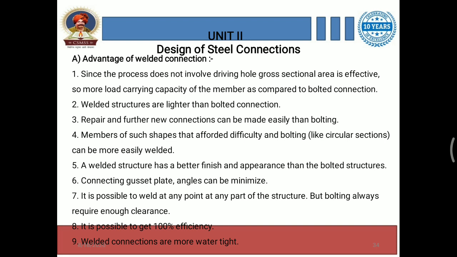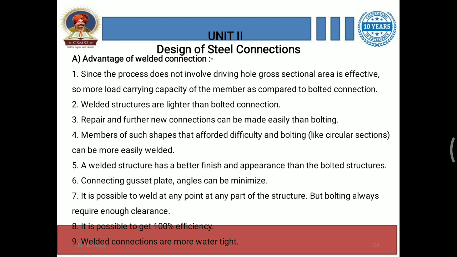Always compare with bolted connection, because a separate question is always asked in the exam, to differentiate between welded connection and bolted connection.